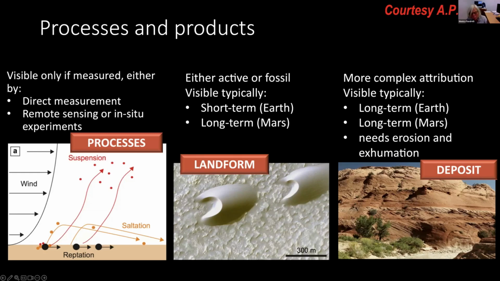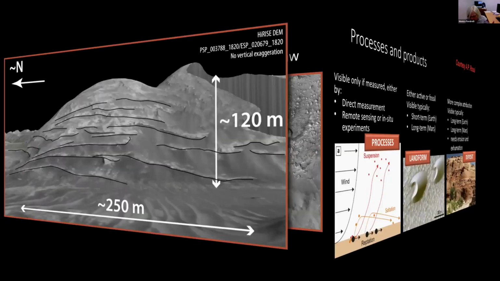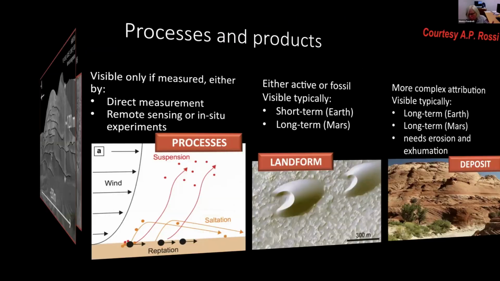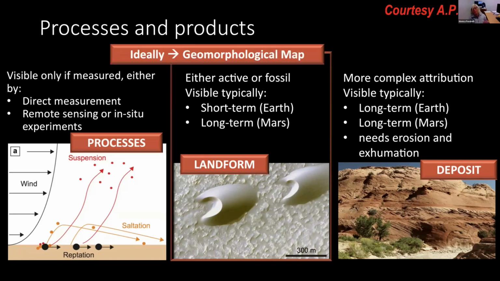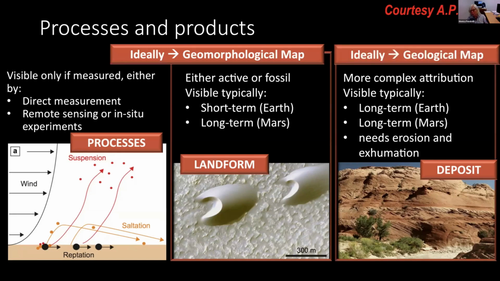With time, superposed landforms form deposits, which are long-term features on Earth and on Mars. But in order to see them, they need erosion and exhumation. In principle, when we map landforms, we realize a geomorphological map, and when we map deposits, we realize a geological map.